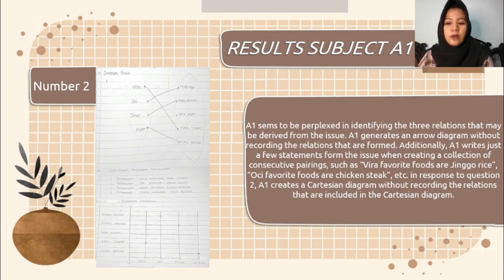Additionally, A1 writes just a few statements from the issue when creating a set of consecutive pairs, such as Vira's favorite food is jingo rice, Ochi's favorite food is chicken steak, etc. In response to question 2, A1 creates a Cartesian diagram without recording the relations that are included in the Cartesian diagram.